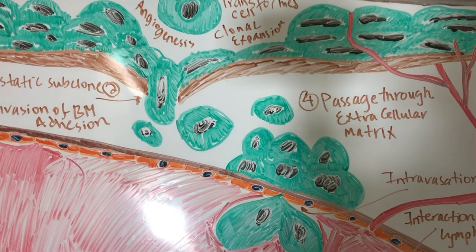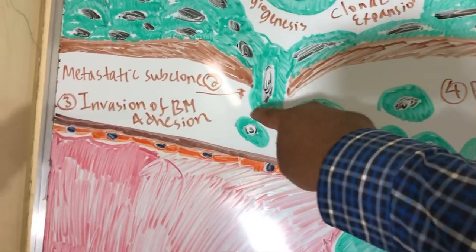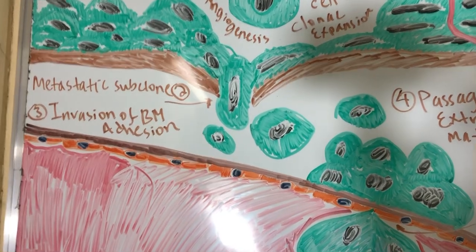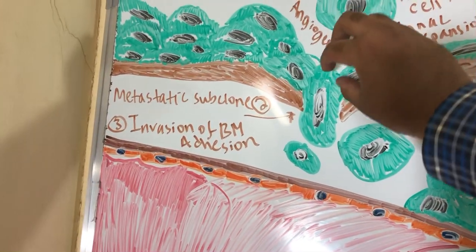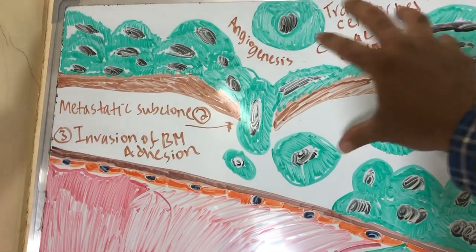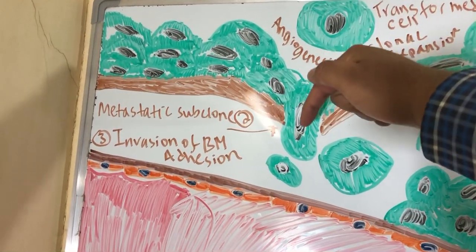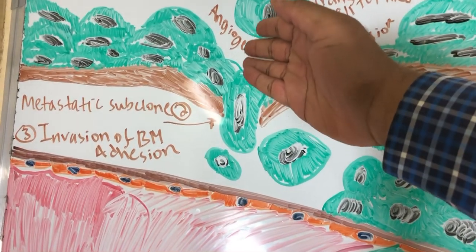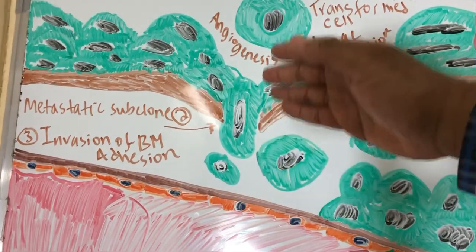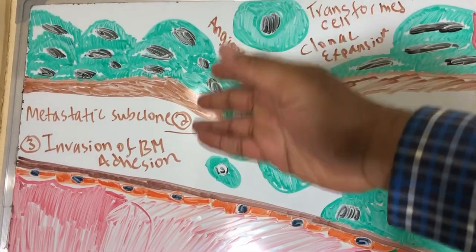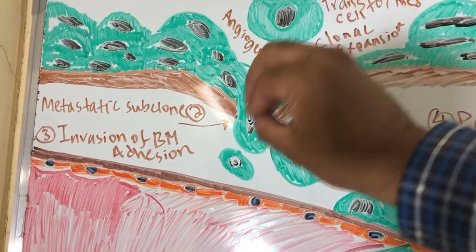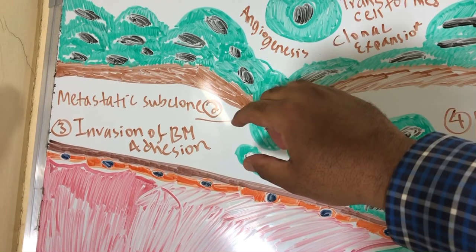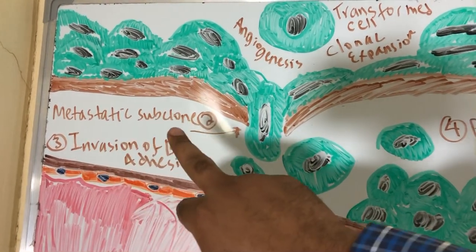That is angiogenesis. This brown barrier over here, what is that? That is our basement membrane. So now we have seen the transformed cell grow into clonal expansion, and now these cells have, as we talked about in the invasion, broken down the side cadherins and those proteins that connect that cell to nearby cells, broke in, and now we have a metastatic subclone.